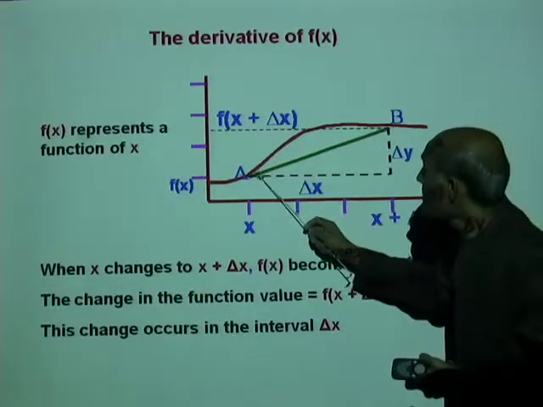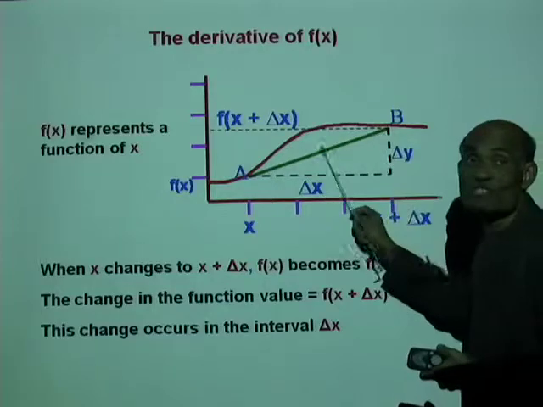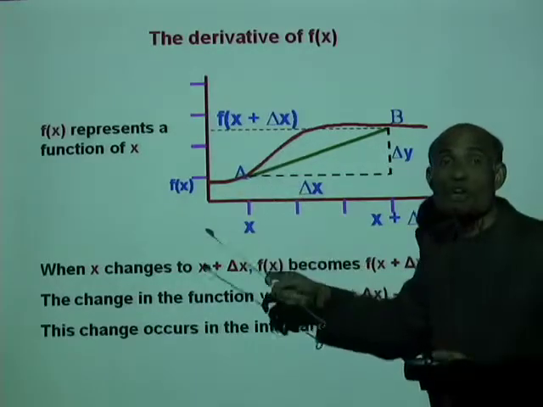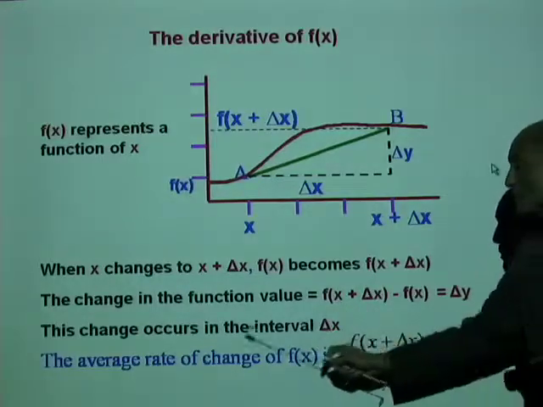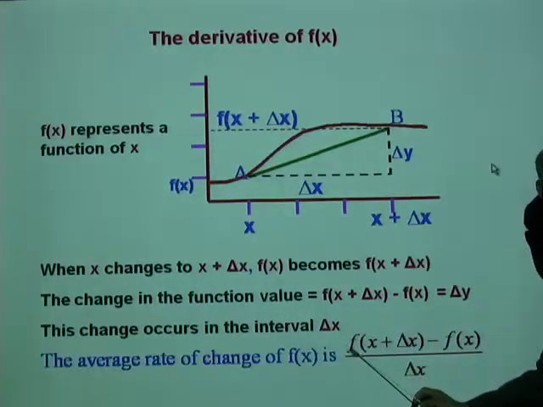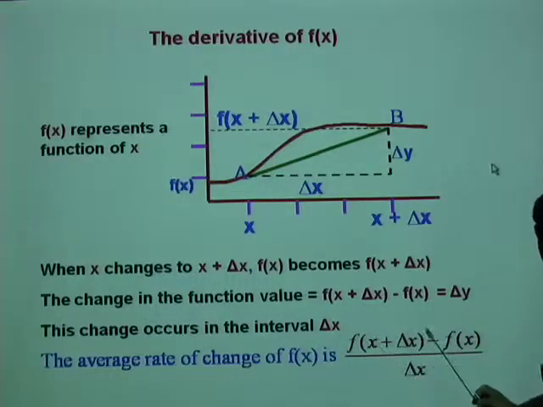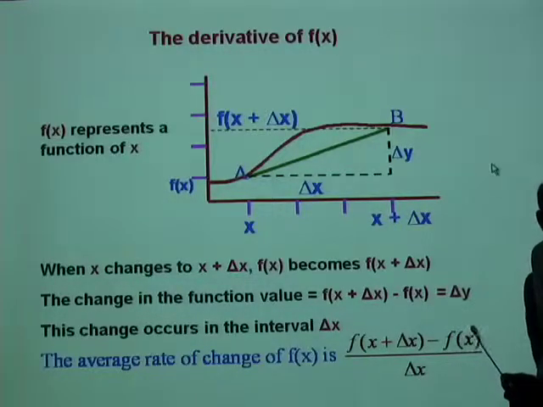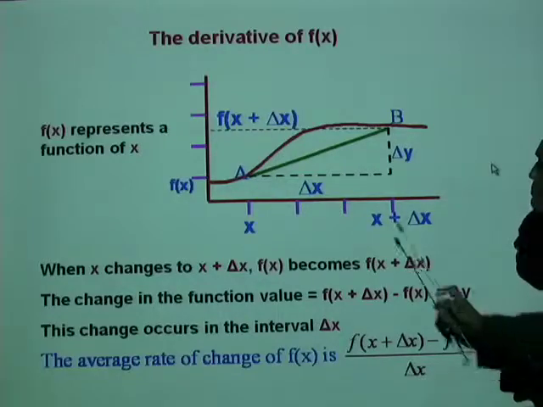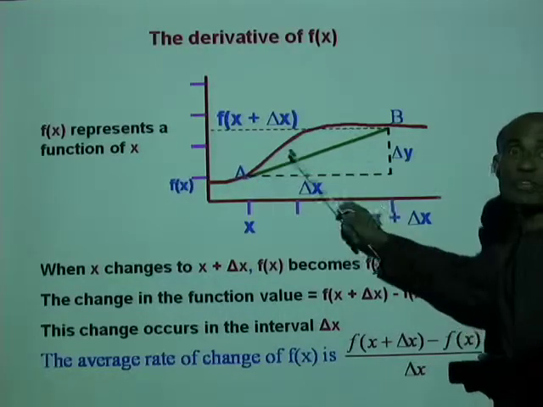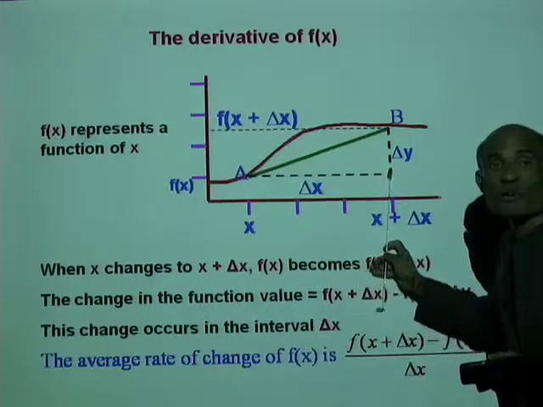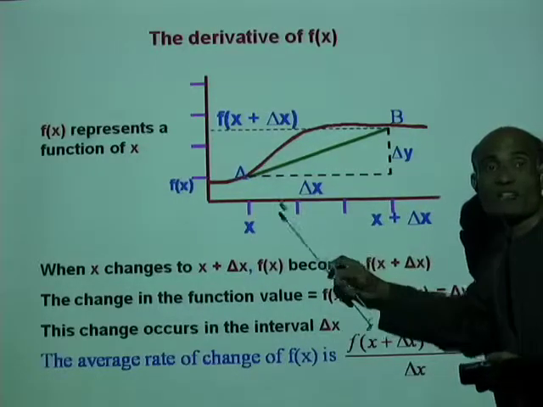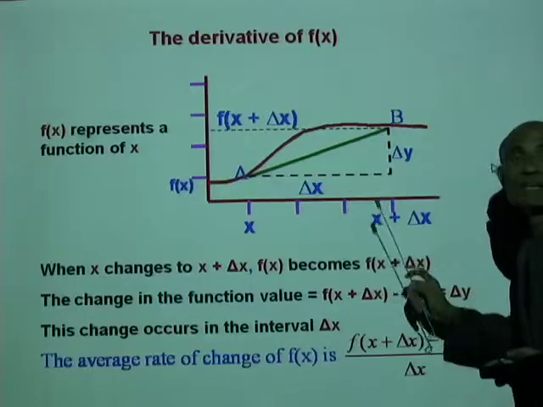And that is a measure of the slope of the secant line, and we generally call it the average rate of change. And so the average rate of change is f of x plus delta x minus f of x all over delta x. So this is the average rate of change of this function from x equal to x to x equal to x plus delta x in that interval delta x.